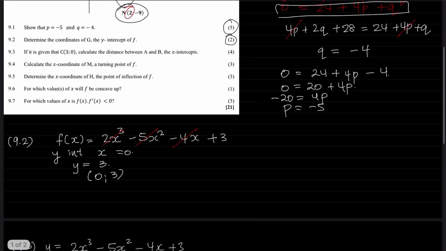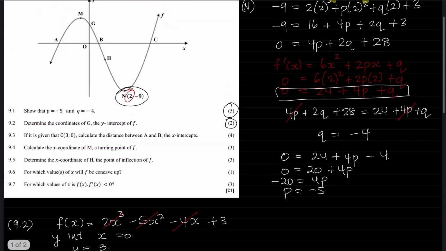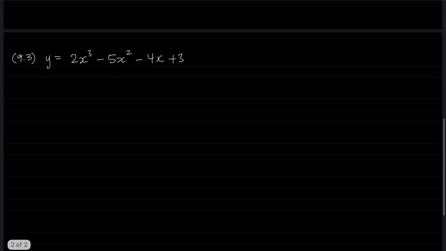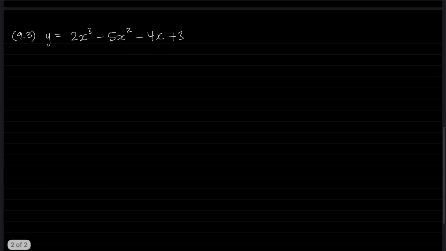So 9.3, 2x to the power of 3 minus 5x squared minus 4x plus 3, and that's y. Now they tell us that C, which is an x-intercept, has a point of 3 and 0. That means that it is a root. So I can divide that into this equation using synthetic division.